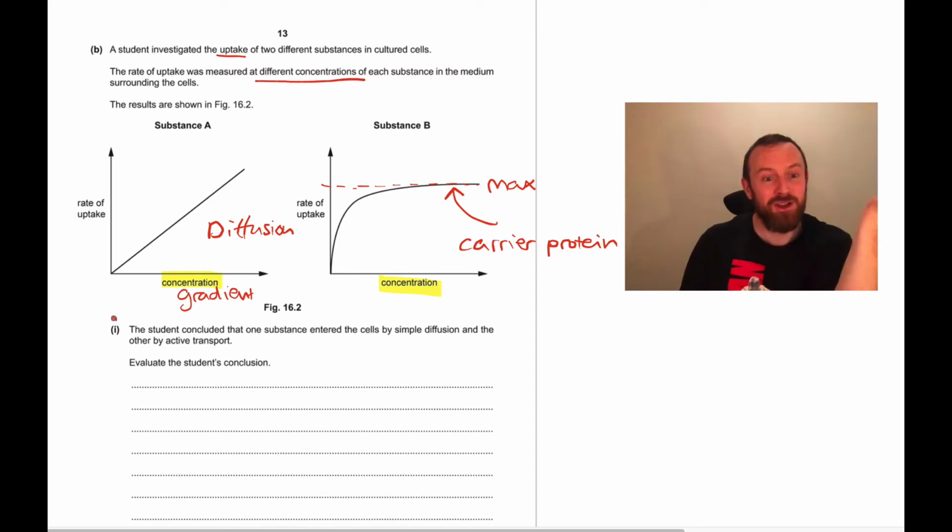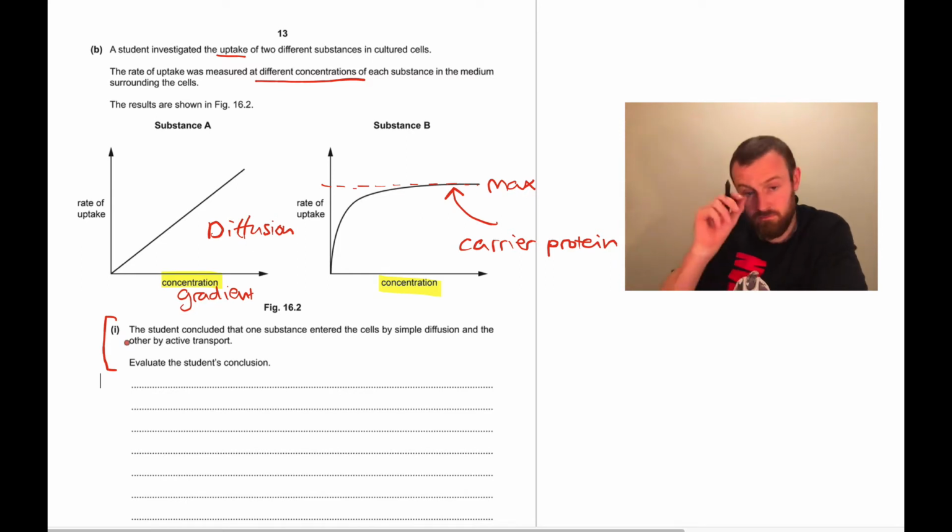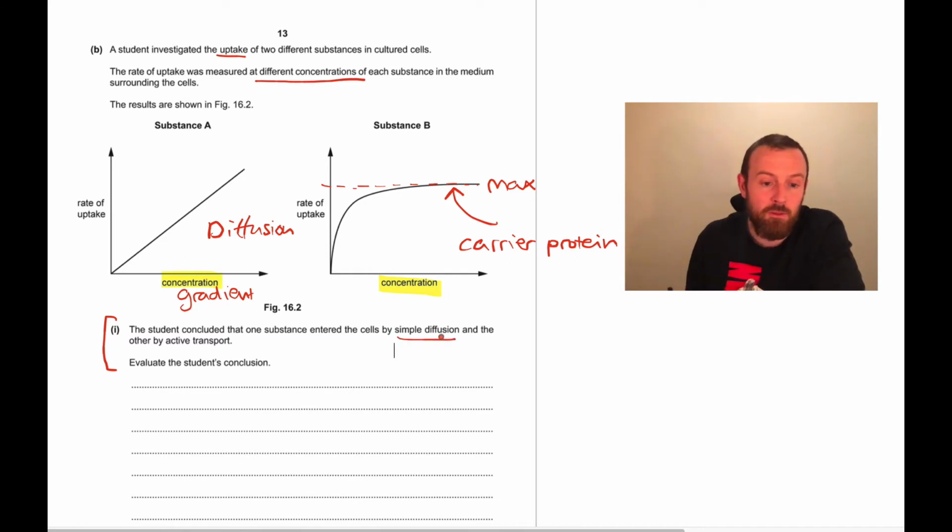So here's the actual question. I forgot to even read the question, but if you've done that analysis, when you get to this, you'd be pretty happy. The student concluded that one substance entered the cells by simple diffusion and the other by active transport. And you basically say, yeah, that makes sense. But you say that substance A is diffusion because as the concentration gradient increases, so does the rate of uptake.